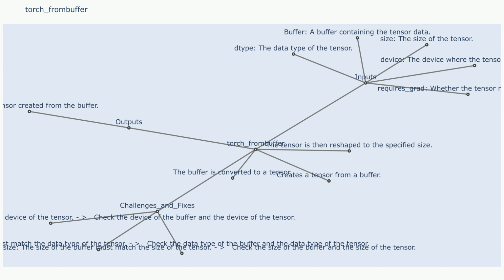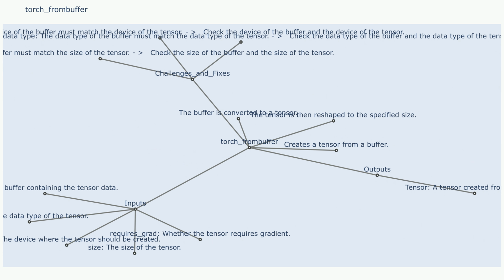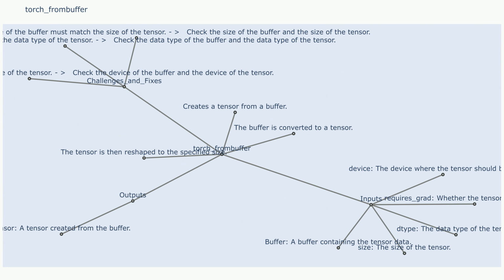Outputs. Tensor: the function returns a PyTorch tensor with the specified data type, containing the values extracted from the input buffer. The shape of the tensor is determined by the provided count argument, and if not provided, it will have the length of the buffer divided by the size of the specified data type. Steps.